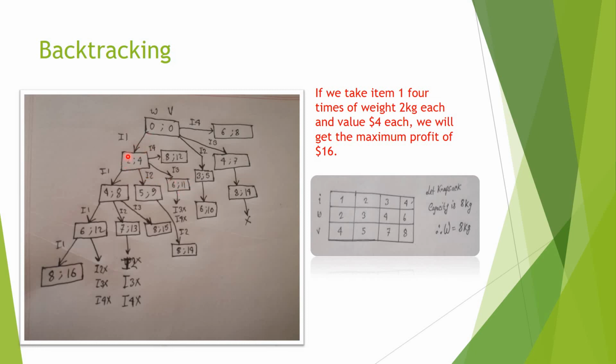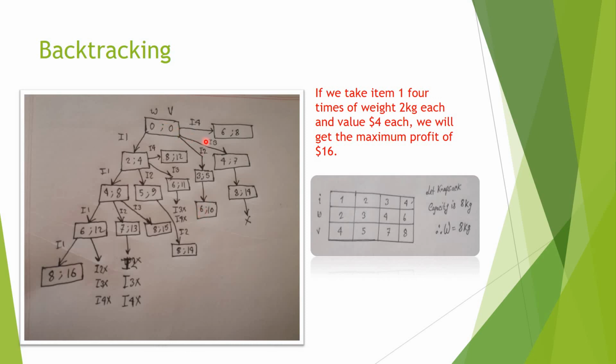If you are taking item 1, then item 2, then item 3, the maximum value found is 14 here. If you are taking item 1, then item 1, then item 3, the maximum weight capacity is reached. The maximum value found here is 15. If you are taking item 2, then again the same item, the value is 10, but the maximum weight capacity is not reached.